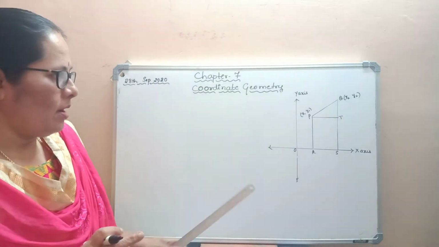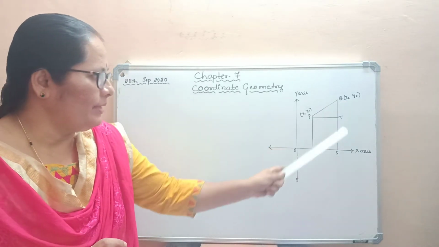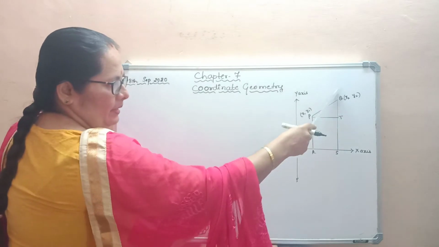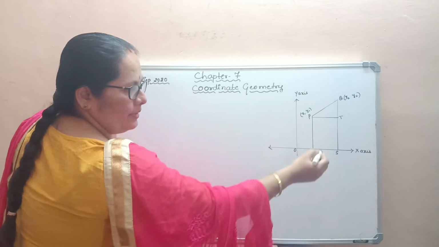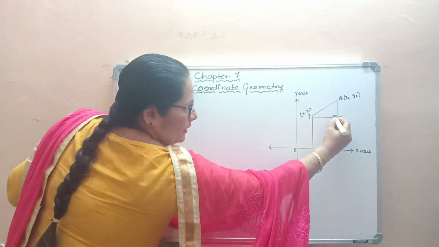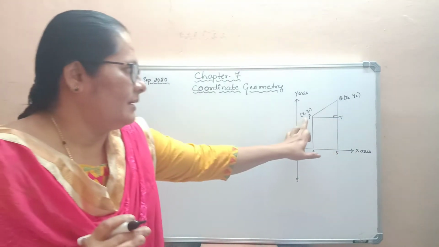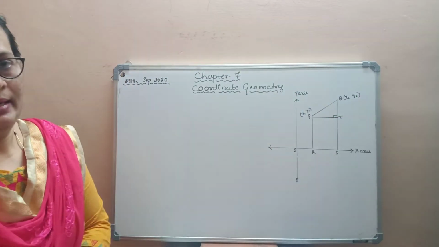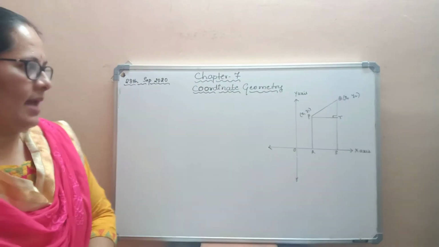Now draw PR and QS perpendicular to the x-axis and PT perpendicular to QS. Now you will get a triangle PTQ, a right angle triangle.